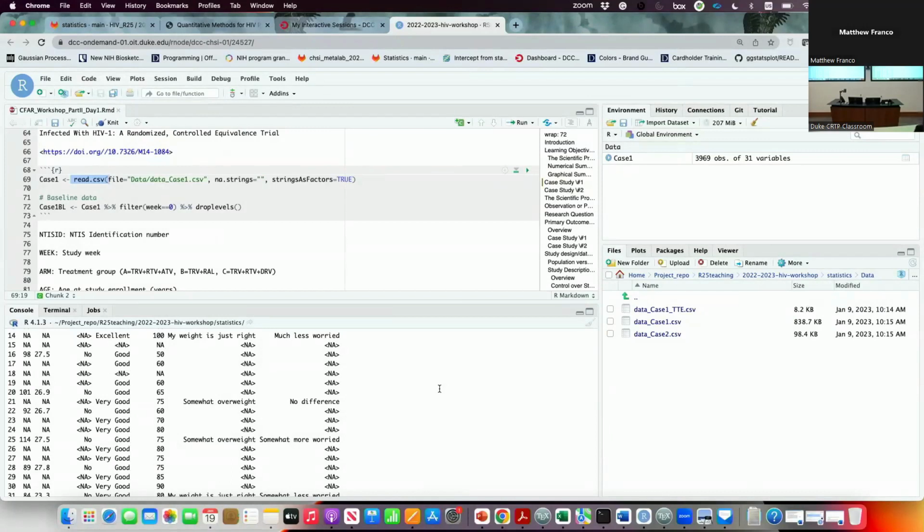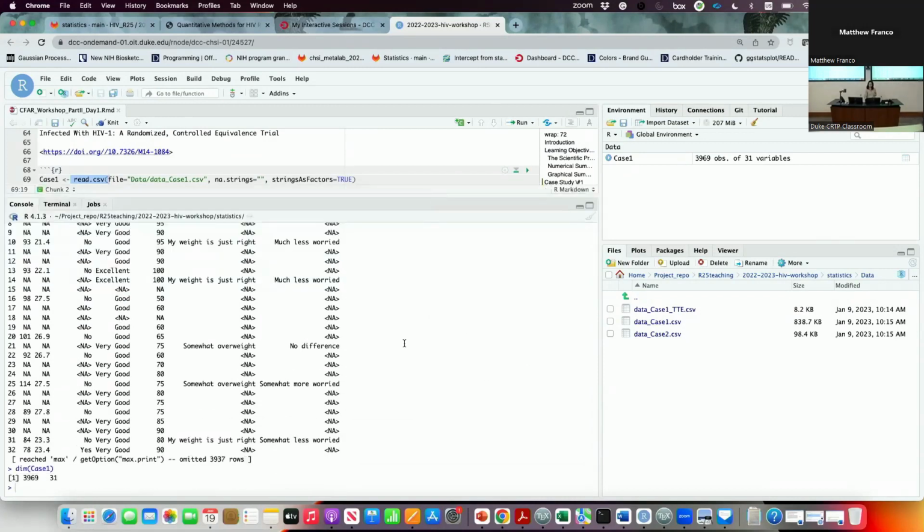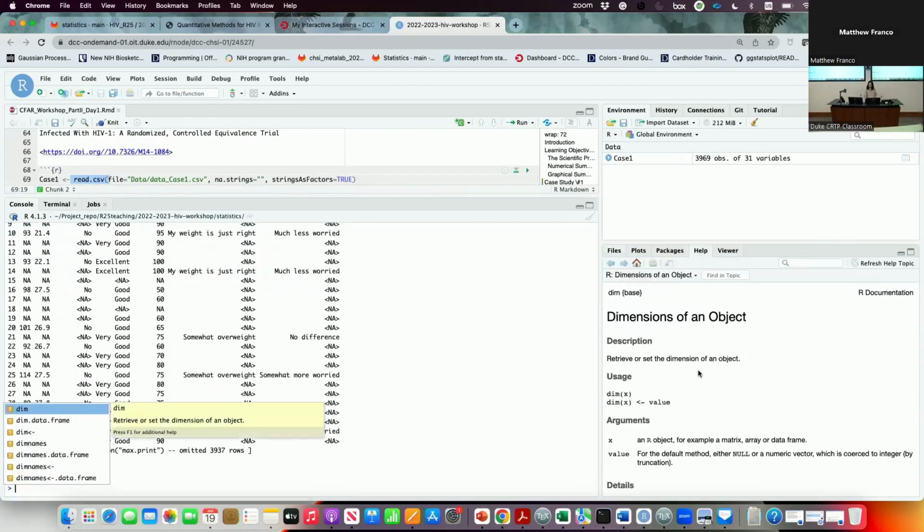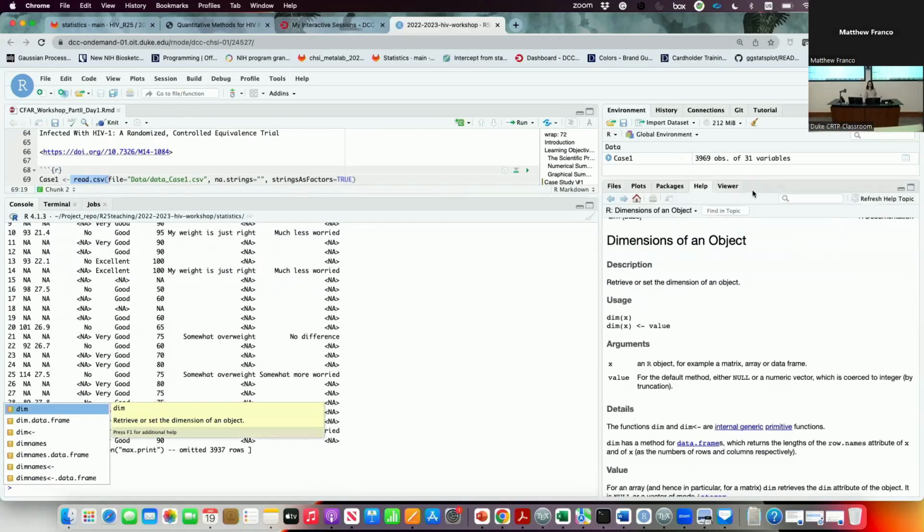So everyone got the data, right? You use this read.csv file so you can read the data. So the data is here, and we can summarize the data. First of all, we can use this DIM. And by the way, if you have any questions in terms of what this function is doing, you can always type question mark followed by the function. This tells you what DIM is doing. It gives you the dimension of this data, because this is a matrix.